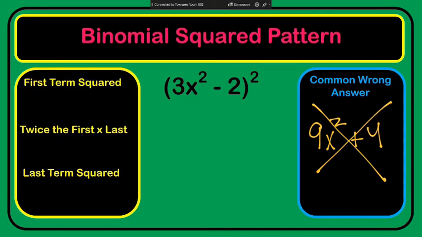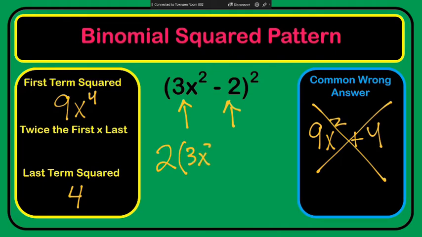So what's our first term squared? 3x squared times 3x squared is 9x to the fourth. What is our last term squared? Negative 2 times negative 2 is positive 4. And then 2 times our first and last. So we have 2 times our first times our last.